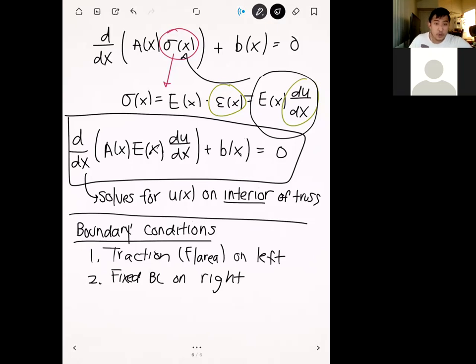And so let's go ahead and go over a similar derivation, although not nearly as long, for these two types of boundary conditions. But before I do that, are there any questions on this?